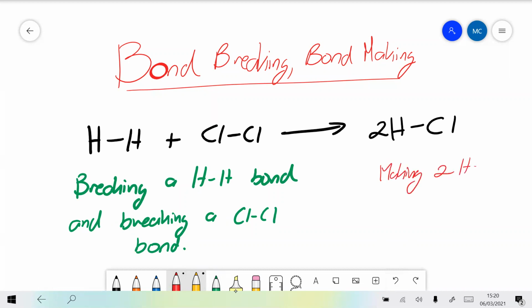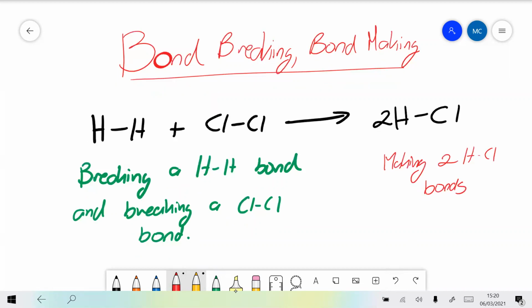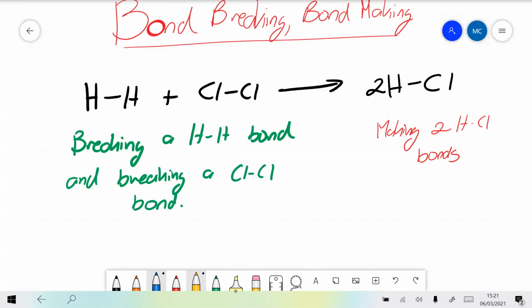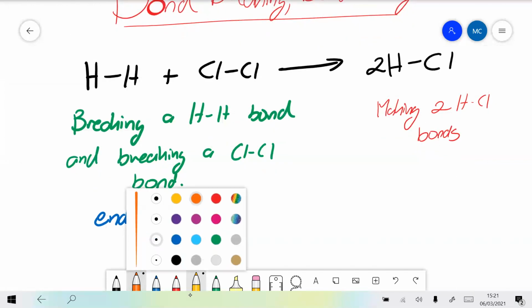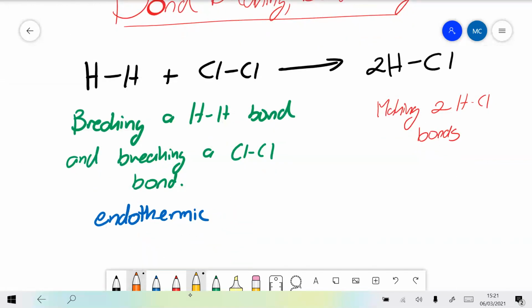two hydrogen chlorine bonds. Now, when you want to break something, when you want to break a bond, this is always endothermic. Okay? And endothermic means that this will require energy. Okay? Therefore, will require energy.